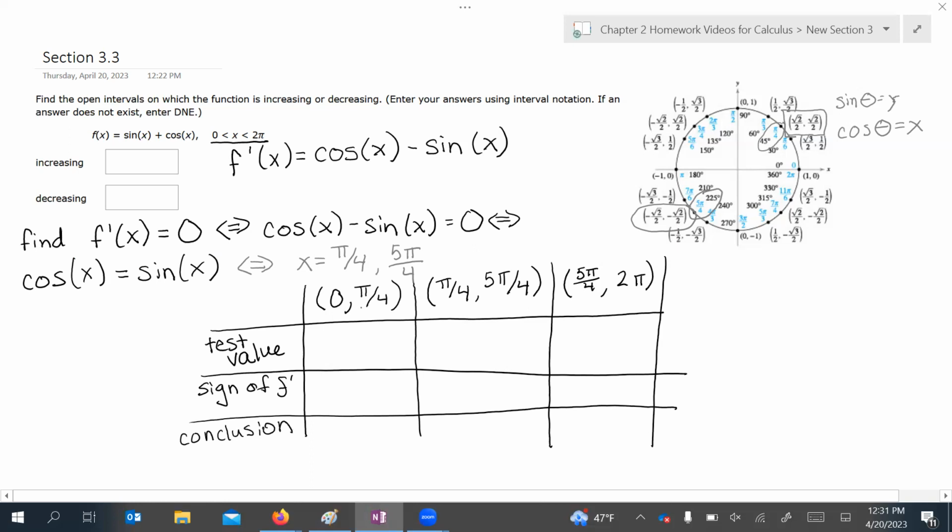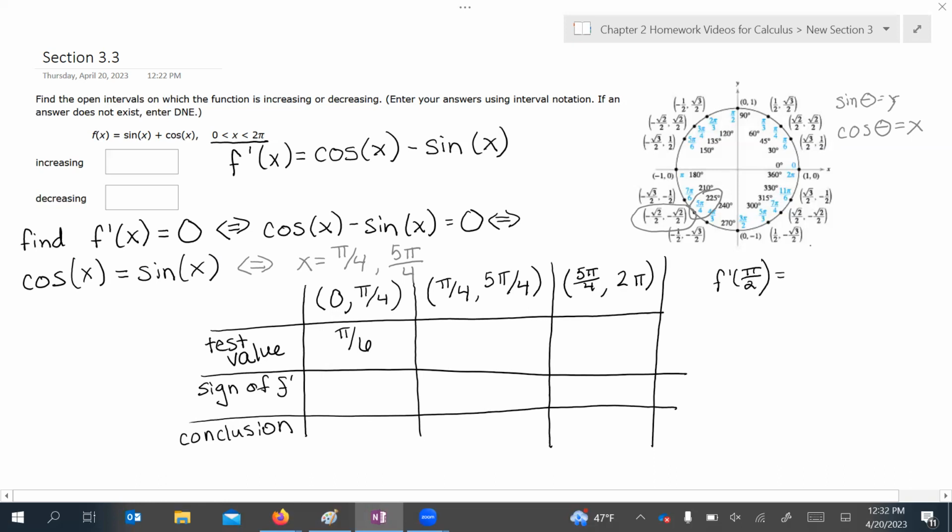So when I'm looking at the interval between 0 and pi over 4, I'm going to use pi over 6 because that's a value that's in my table. Okay, and I see that f prime is equal to cosine minus sine. So what is f prime of pi over 6?